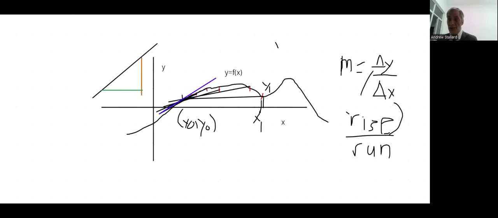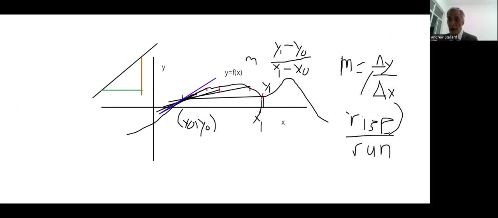Rise is this. Change in x, delta x, is just change in x. Run. Okay? Now let's look at these points here. And this is also going to be m.